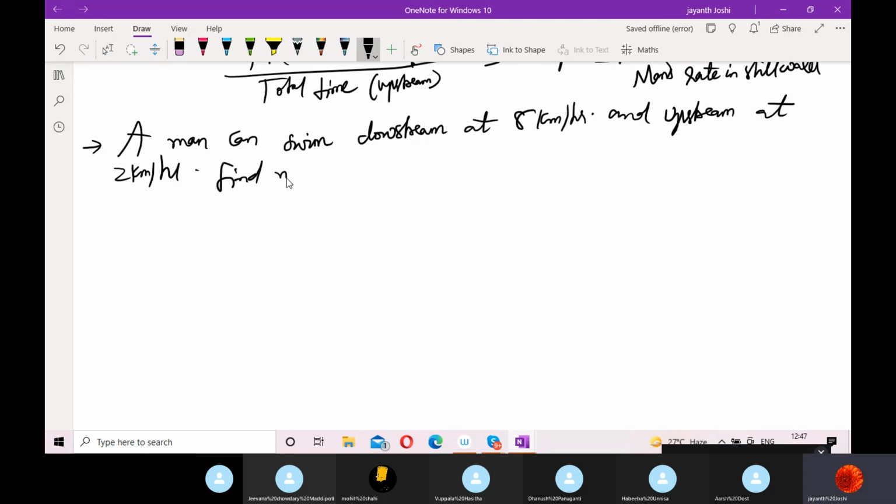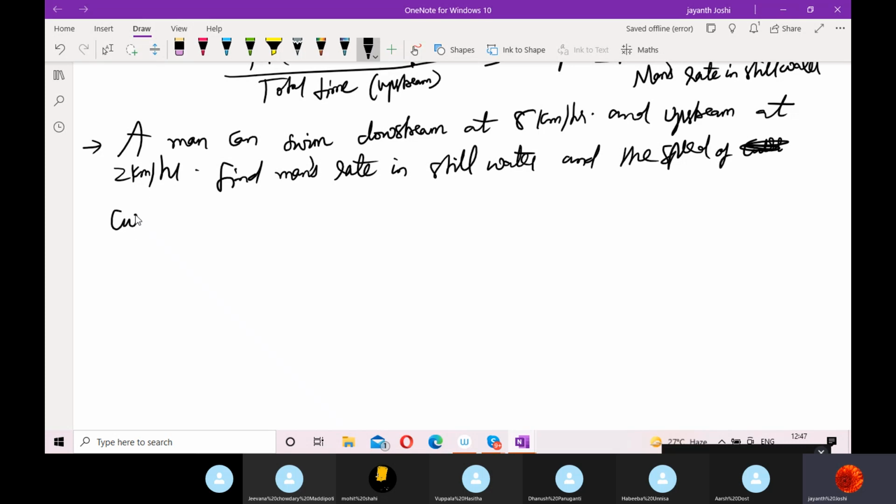Find man's rate in still water and the speed of current. Come on, do this, all of you.